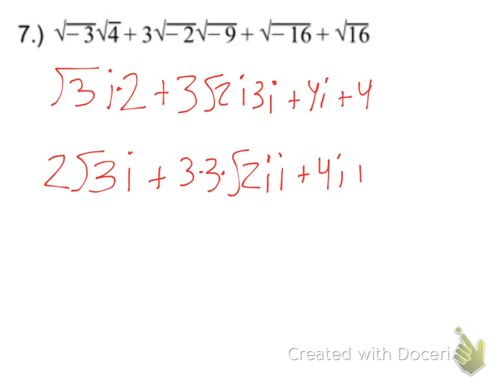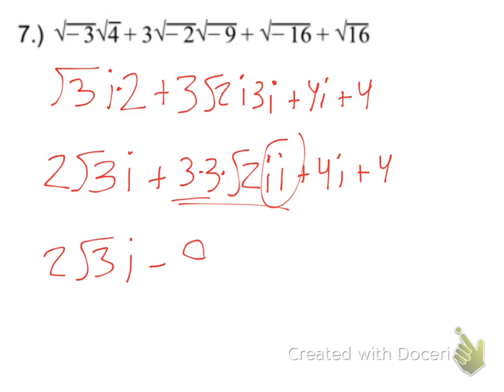Nothing changes, plus 4. And now my next step is I can clean this one up because i times i is negative 1. 3 times 3 is 9, so this is not a positive 9, it becomes negative. So 2 square root of 3i minus 9 square root 2 plus 4i plus 4.